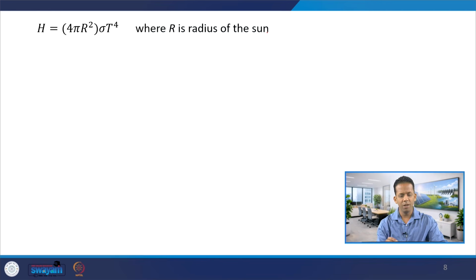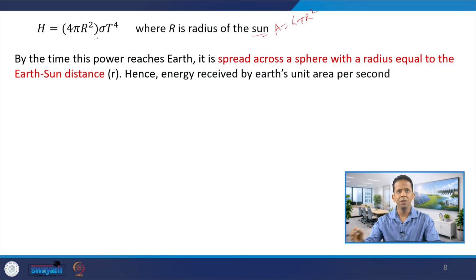So since Sun is a sphere, the area of the sphere is 4 pi r square, where r is the radius of the Sun. So we can write it as 4 pi r square sigma T to the power 4. Now by the time this power which is emitted by Sun reaches Earth, it is spread across a sphere with a radius equal to the Earth and Sun's mean distance r.